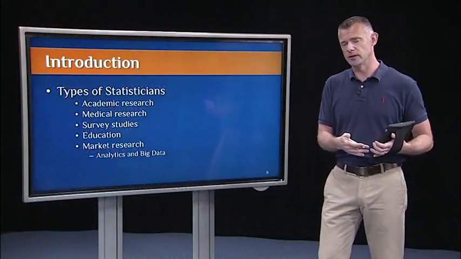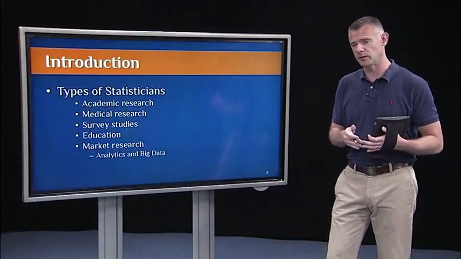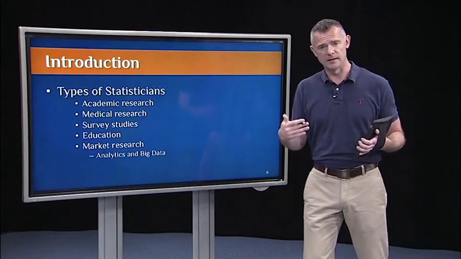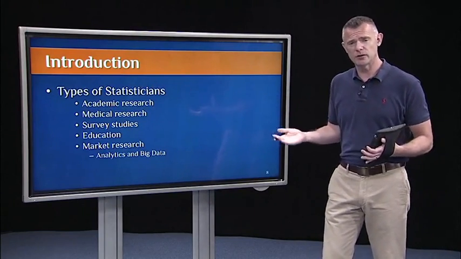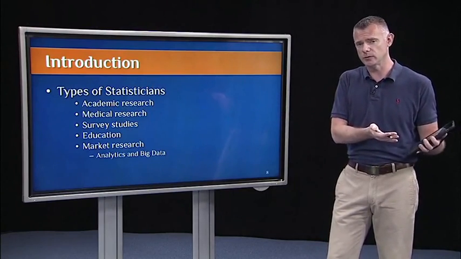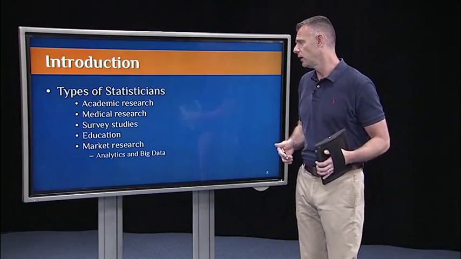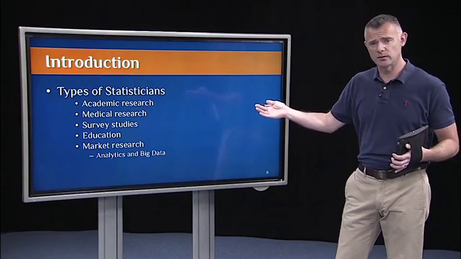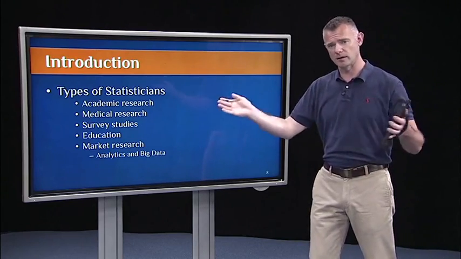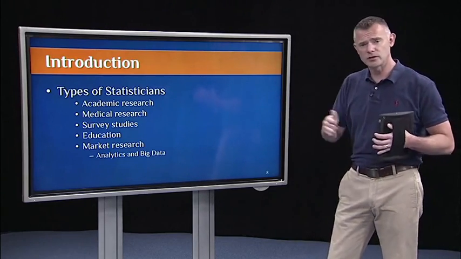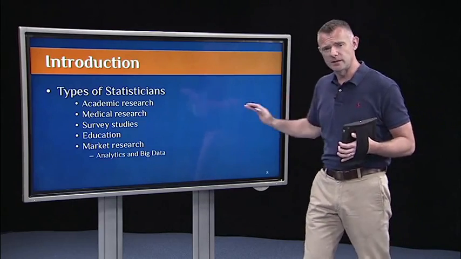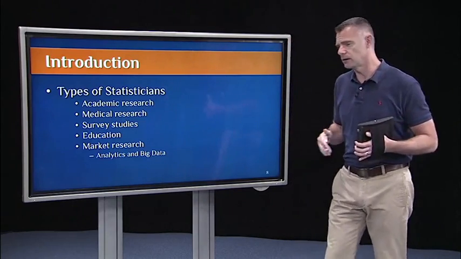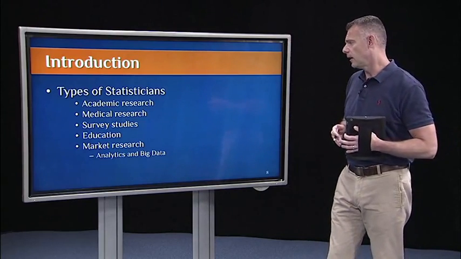I do research in cognitive psychology, specifically in memory and attention and intelligence. I apply statistical tools to do my academic research. There are lots of examples, not just in psychology, but across the disciplines in colleges and universities all over the world. There are also lots of examples of medical research that occurs in hospital settings.